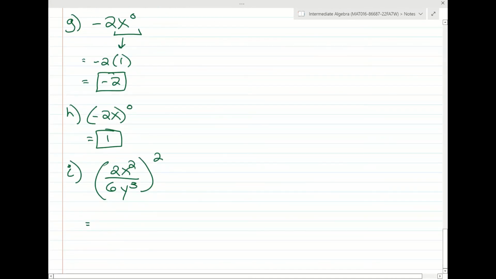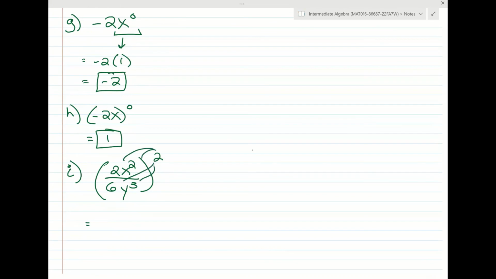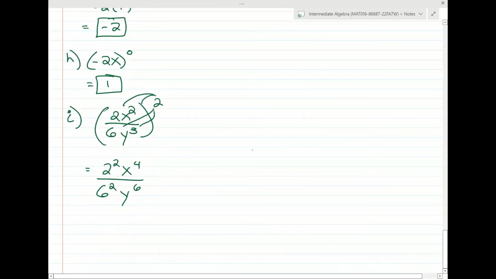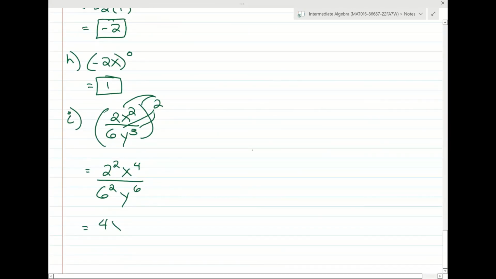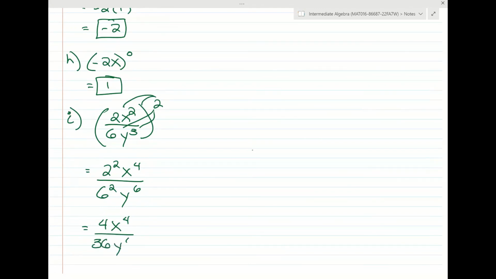We could simplify the 2/6 first. Sometimes with these problems, there's no single way to do them. Sometimes there's multiple ways. What I would do is I would just distribute the power of 2 to everything and make this 2 to the second, x to the fourth, over 6 to the second, y to the sixth, which is 4x to the fourth, over 36 y to the sixth.